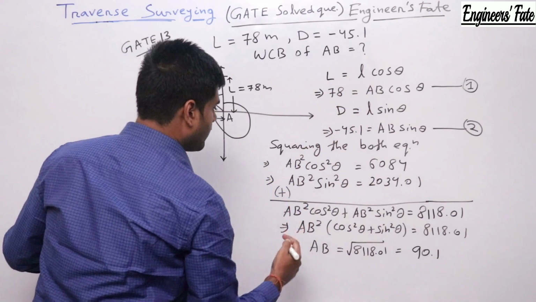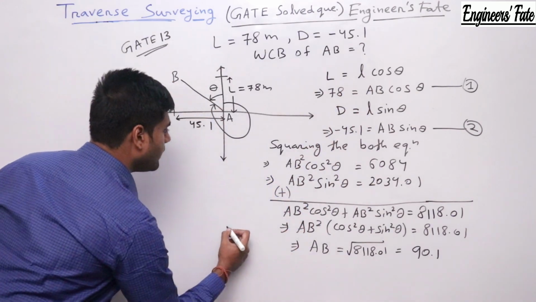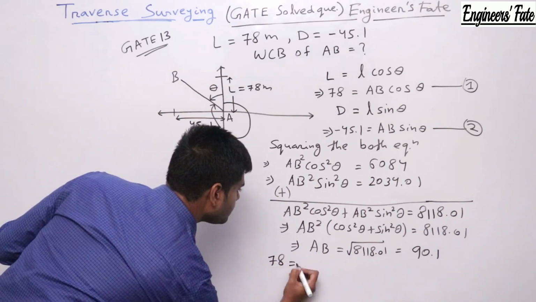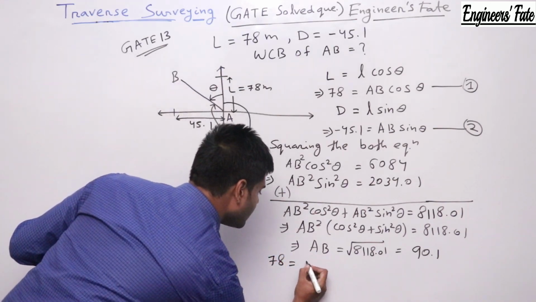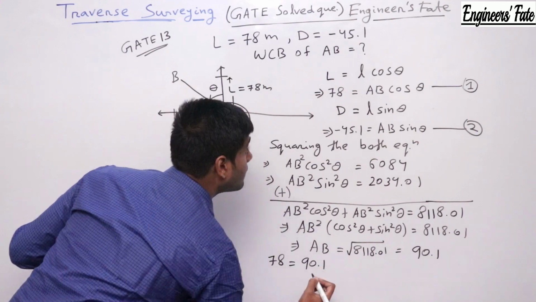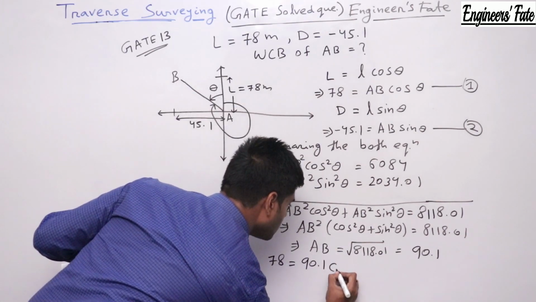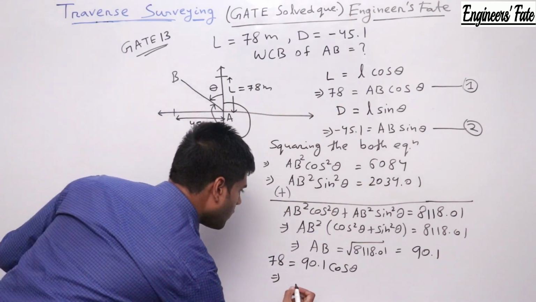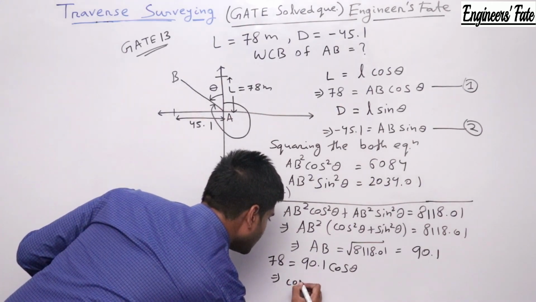So similarly, putting in equation 1, 78 equals, what is the value of AB? That is 90.1 into cos theta. So what is the value of cos theta?